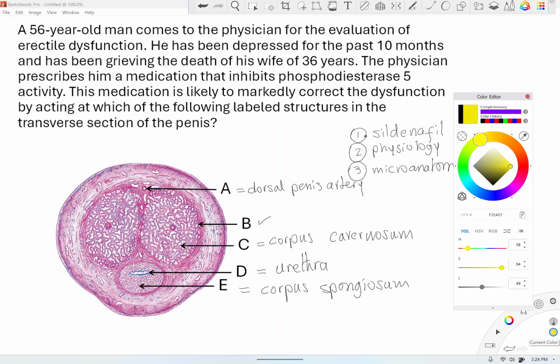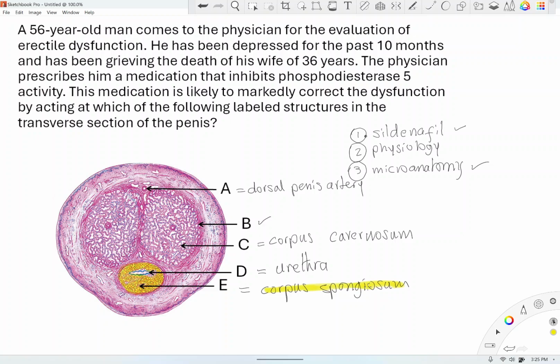Its function is primarily to prevent the urethra from collapsing. When the penis becomes erect, it can compress the urethra. The urethra is a soft, collapsible tube, so corpus spongiosum prevents that. That's its main function.